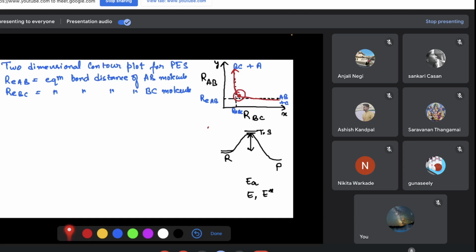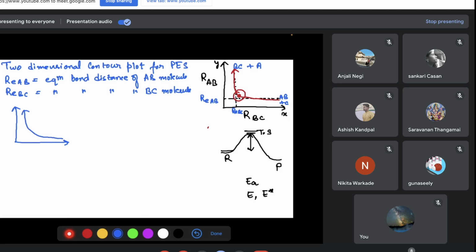So here, for this region where there is a crossing region for the transition state, what does the motion look like in this region? So for that, if I just draw the reaction path, okay.